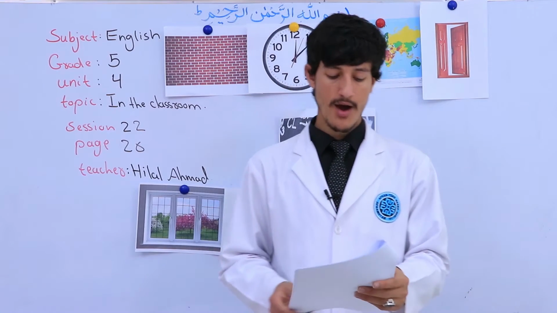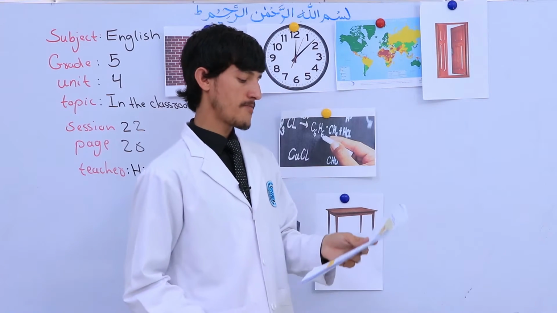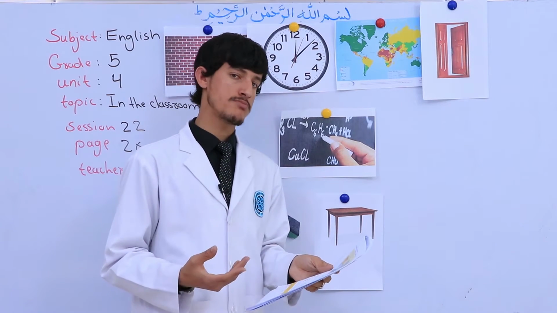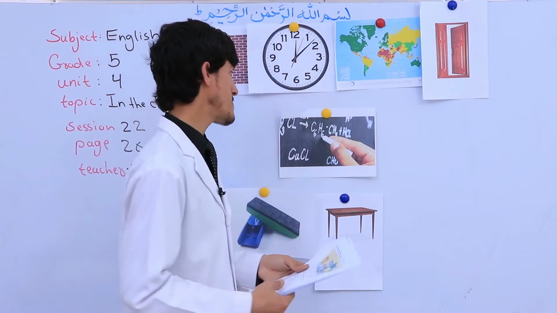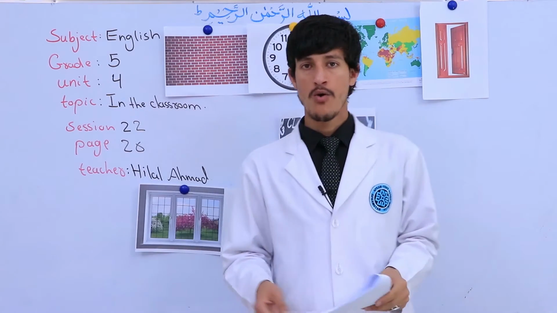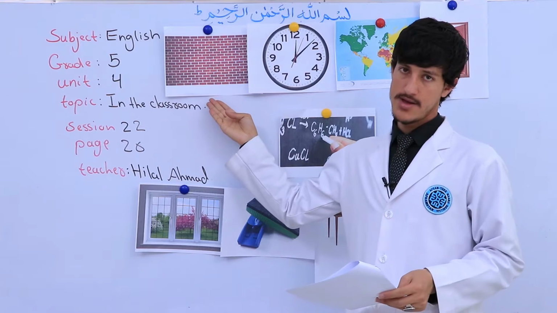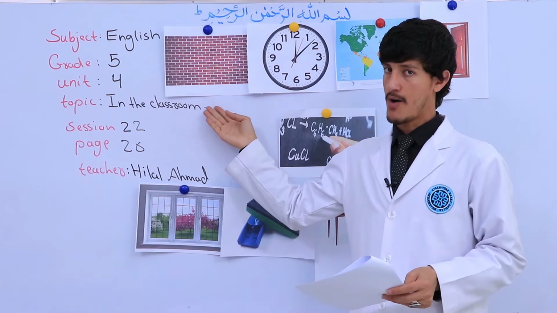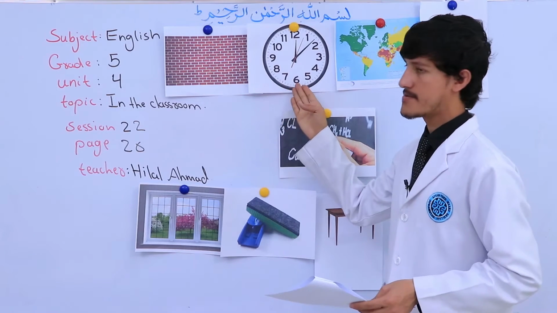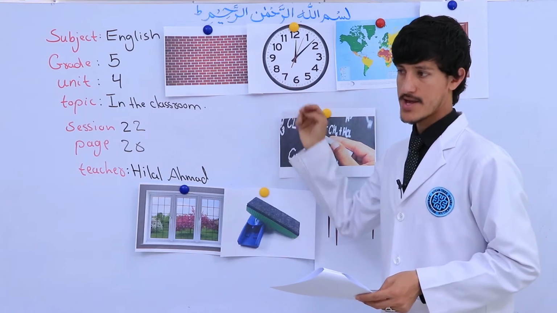Now, what is this? I'm going to ask you what is this, and then you should tell me. You should just tell me what this is. What is this? It is a wall. And what is this? It is a clock.